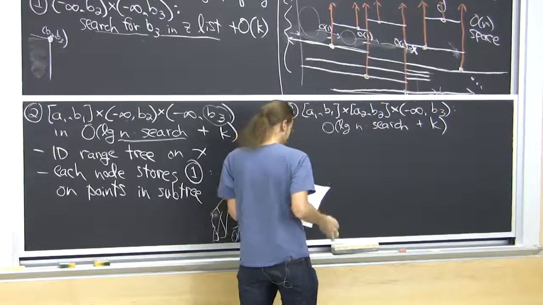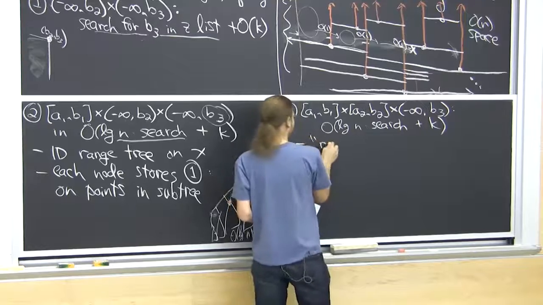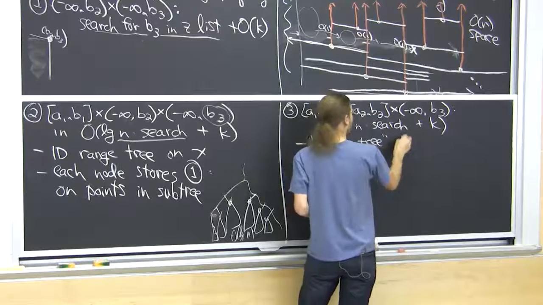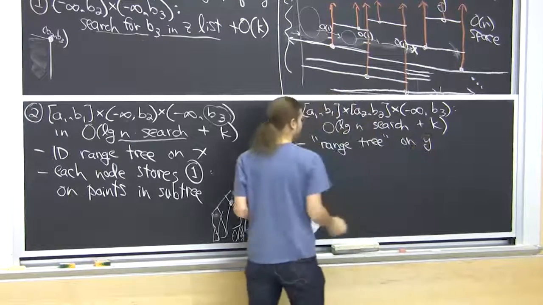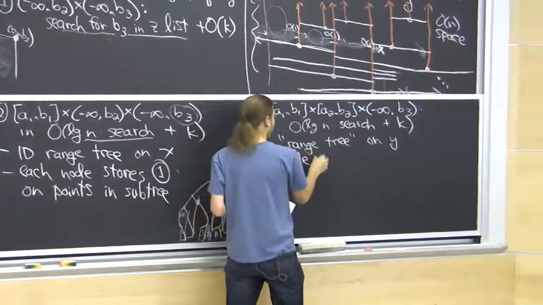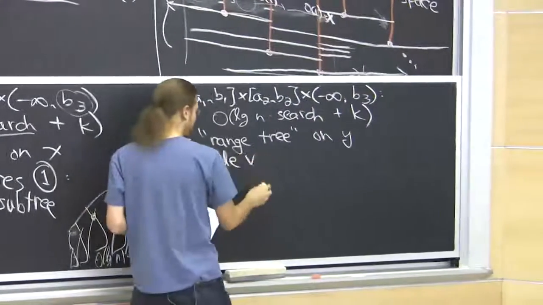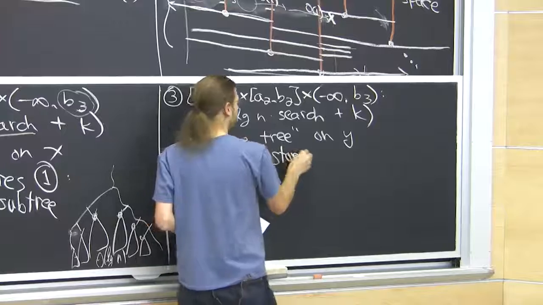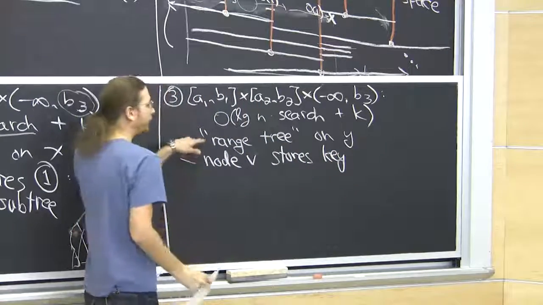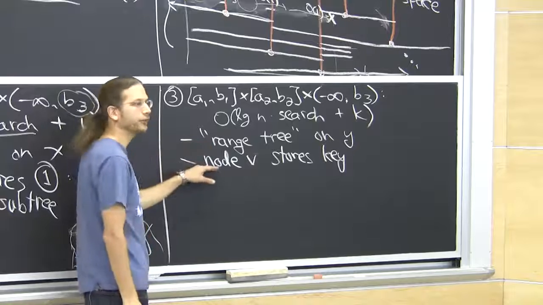So I'm going to say it's kind of like a range tree on the y-coordinate. Y-coordinate is the one that we want to extend. And you may remember there was this brief question last time. In a 1D range tree, what key does a node store?